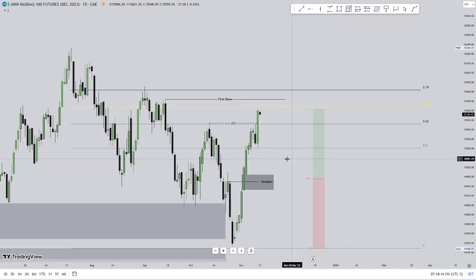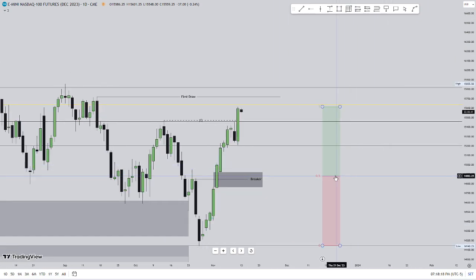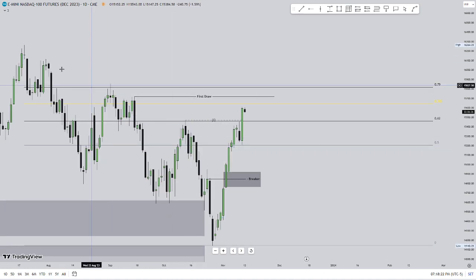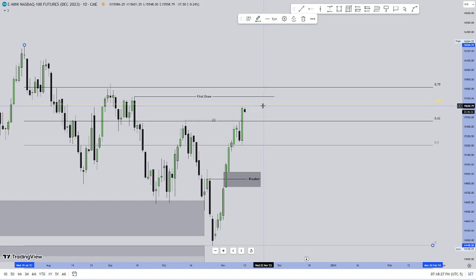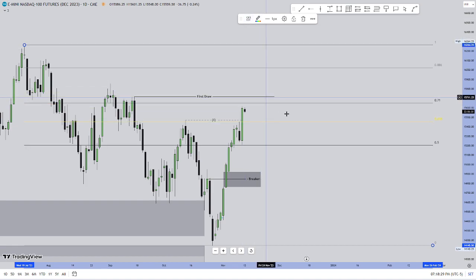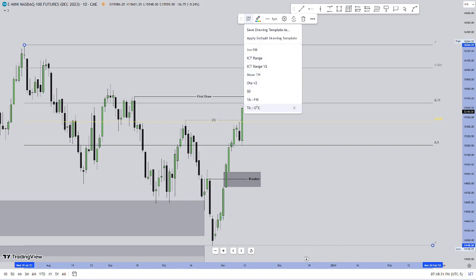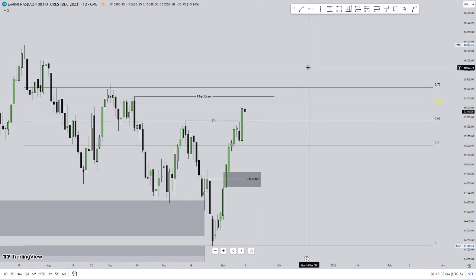My first thought for bias would be if we turn price down and we close under this consequent encroachment of this range. Because no matter how I draw the OTE, the consequent encroachment stays the same. And that's what I'm looking for.